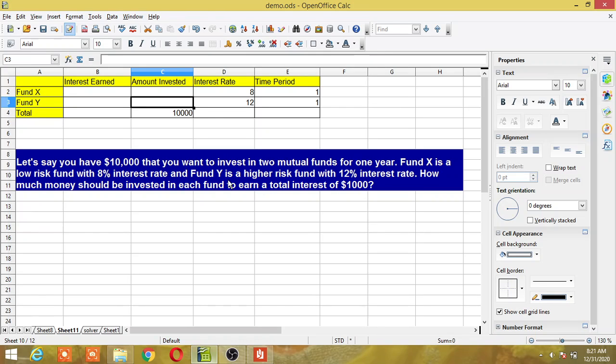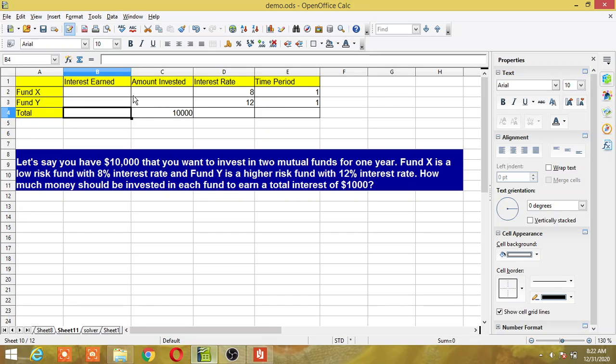That means what is the amount I should invest to get an interest of 1,000. This is the column for interest earned. It will be the sum of the interest earned for my X fund and Y fund.